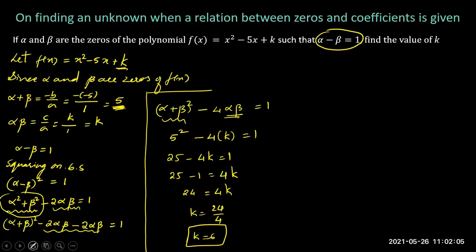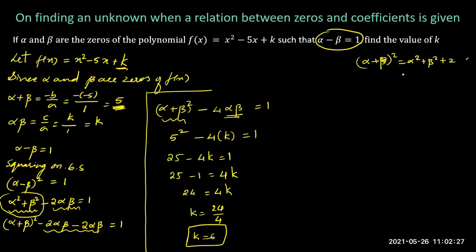Alpha plus beta whole square is equal to alpha square plus beta square plus 2 alpha beta.